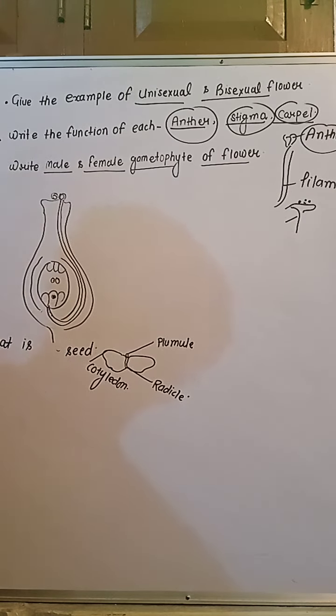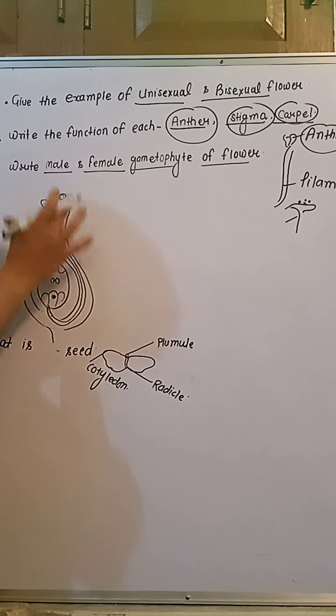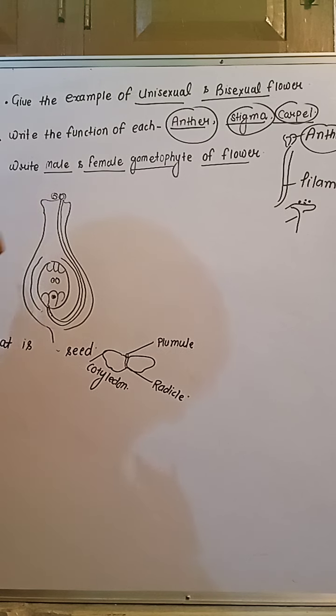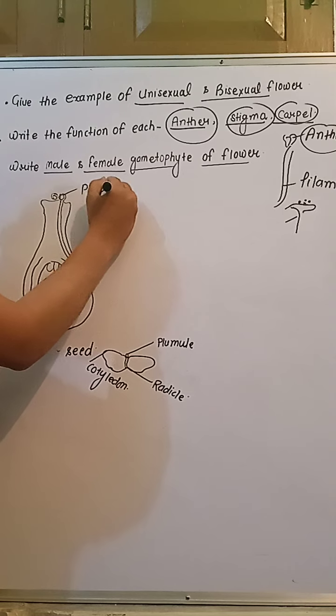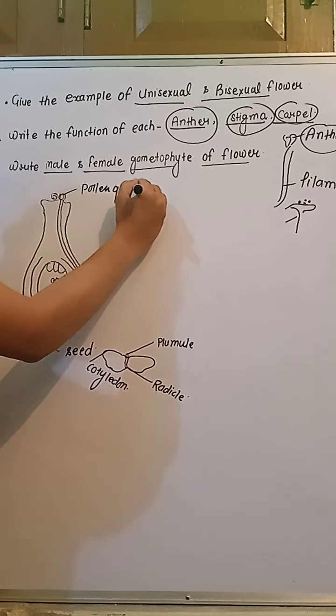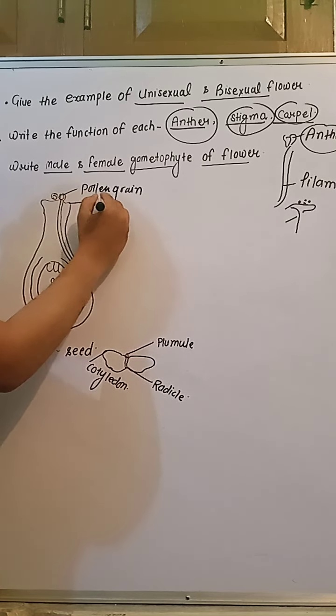This is the structure of a carpel or pistil. This is a very important structure. You have to become familiar with it and practice this structure. It will definitely come in your term second exam. This is a pollen grain which has reached the stigma. This is the stigma portion.